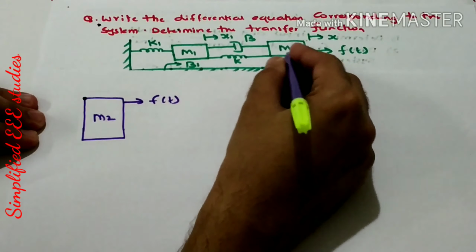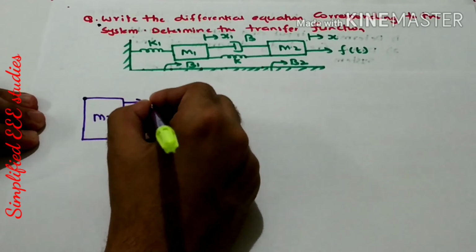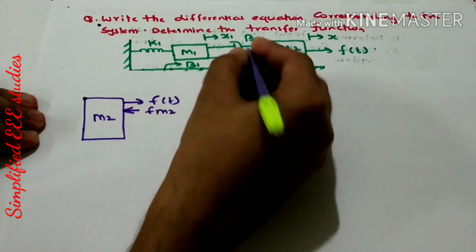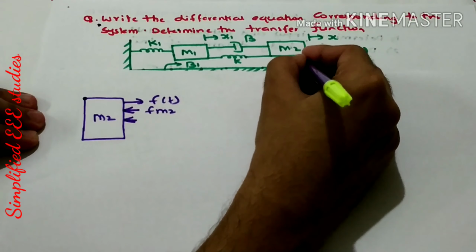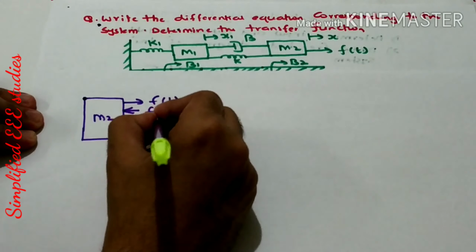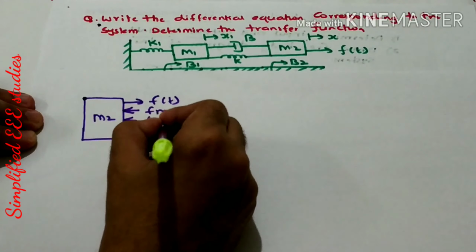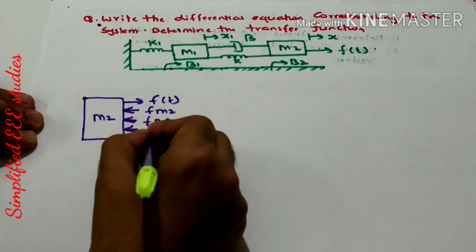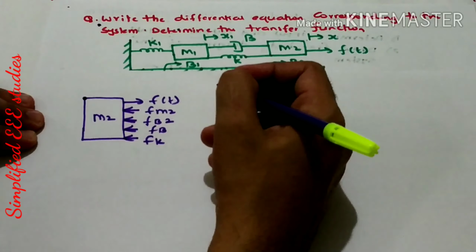Then regarding M2, there will be one inertial force that I will be writing as Fm2. Similarly, because of this dashpot, because of the friction, there is a damper system. Because of that, there will be one force denoted by the letter Fb2. Similarly, Fb is available and Fk, you can write Fk also. So there are 5 forces that will be acting on M2.